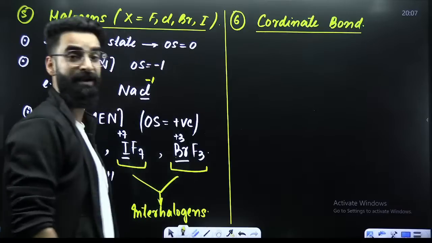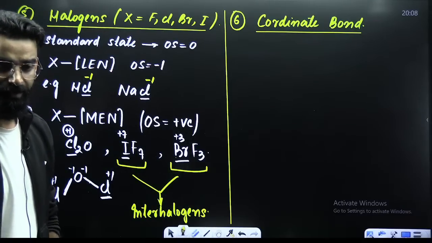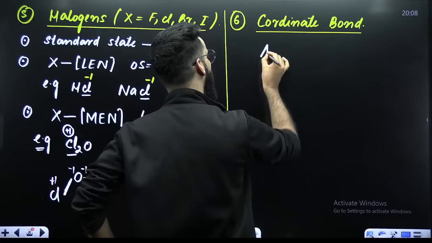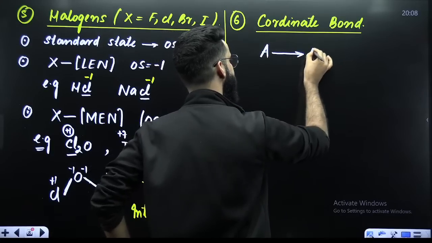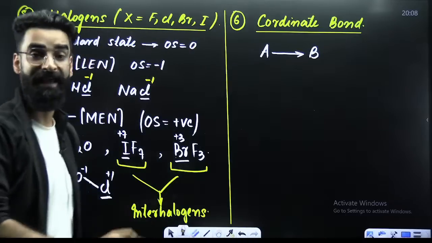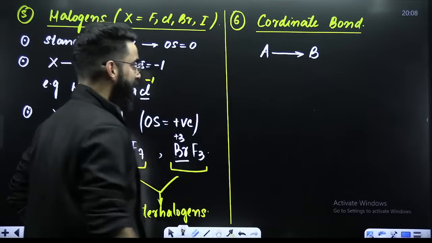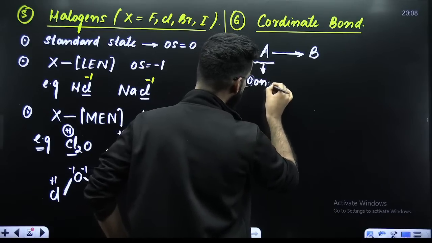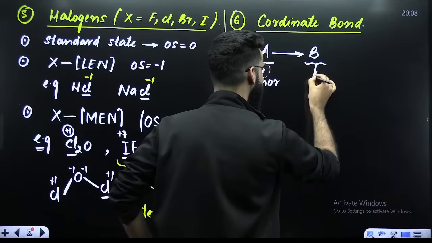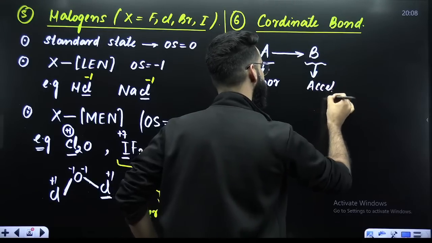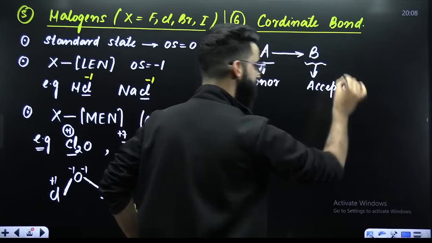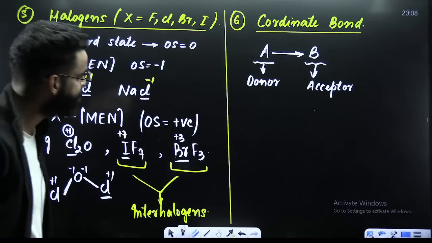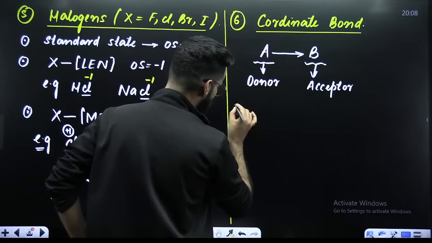For example, if there is a coordinate bond between A and B, and this particular A I'm calling the donor atom, and this is your acceptor atom. Donor, acceptor.